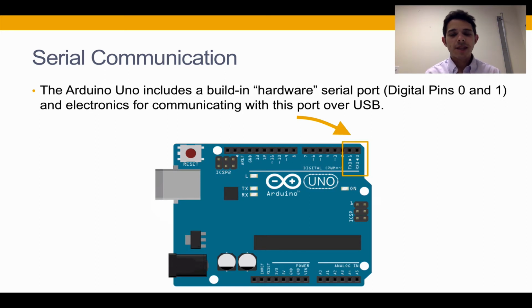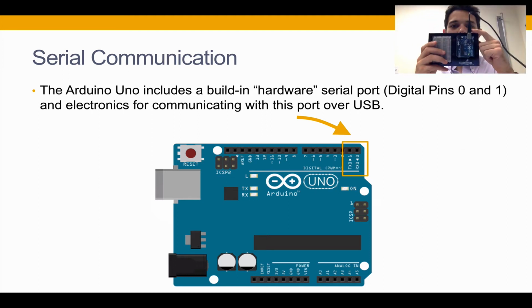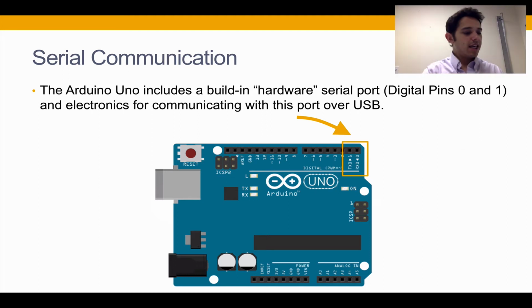So, your Arduino communicates to your laptop via USB. That's what this connector does. However, your Arduino can also communicate with other external devices that aren't your laptop. For example, your Arduino might communicate with a Zigbee radio, which you'll do in Lab 1. Your Arduino might communicate with a GPS to collect information on your location, which you might do in a mobility project.